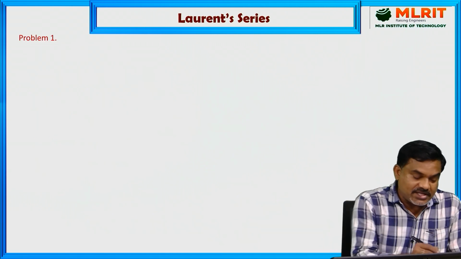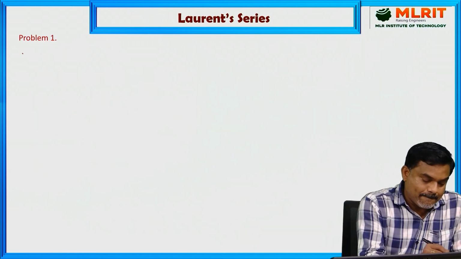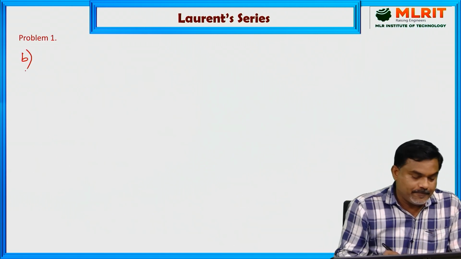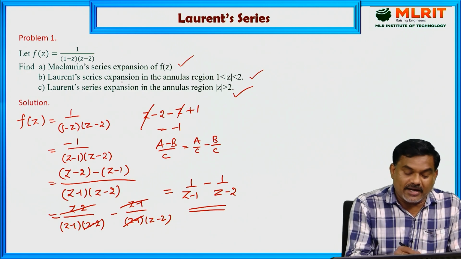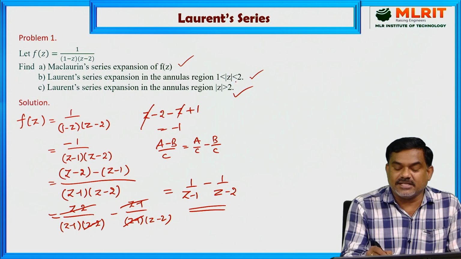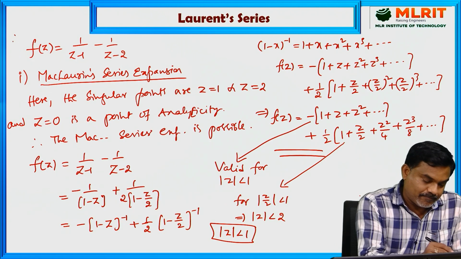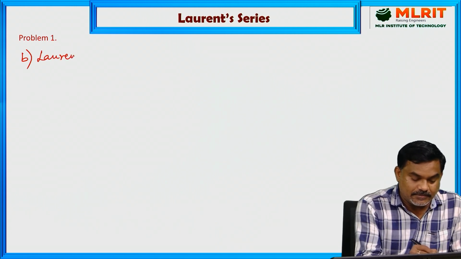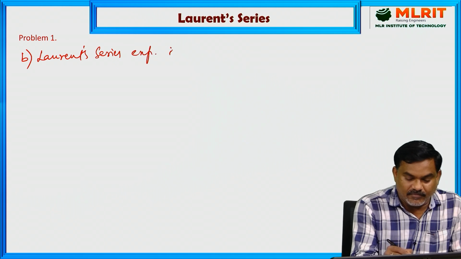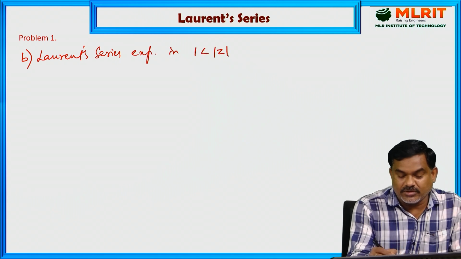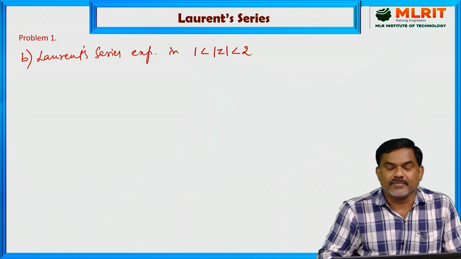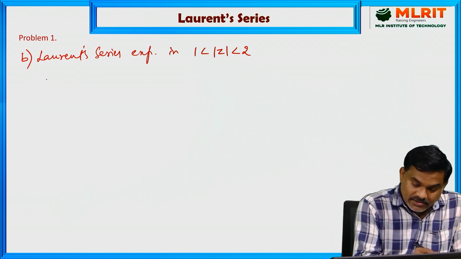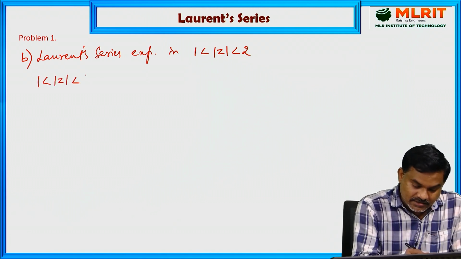Now, coming to the second bit, Laurent series expansion in 1 less than mod z less than 2. So the given region is 1 less than mod z less than 2.